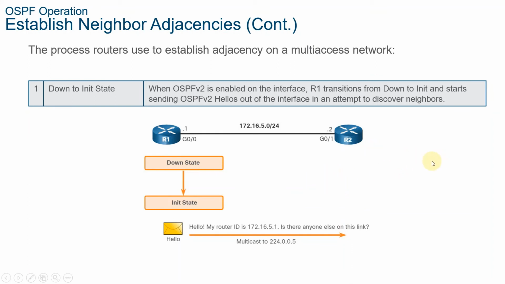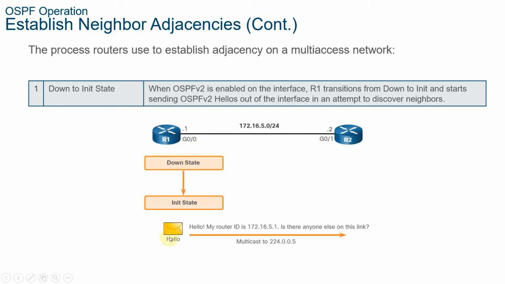First, it goes from the down state to the init state. When OSPFv2 is enabled, the enabled GigabitEthernet 0/0 interface, in this diagram, transitions from the down state to the init state. R1 starts sending hello packets out all OSPF enabled interfaces to discover OSPF neighbors to develop adjacencies with.